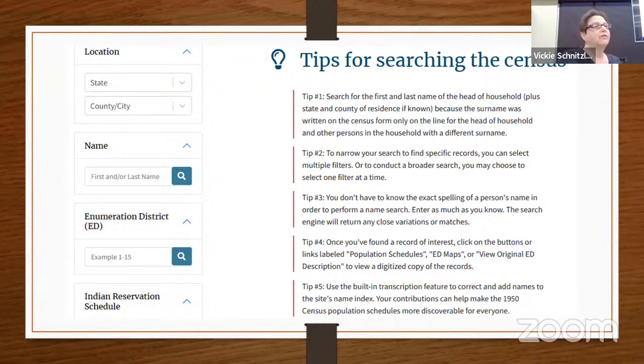It does not have Arlene Haas and the surnames behind each one. So if you're looking for a specific surname, you really need to probably look for the head of the household and search it that way. You can try putting just a last name in. It might not be quite as successful.